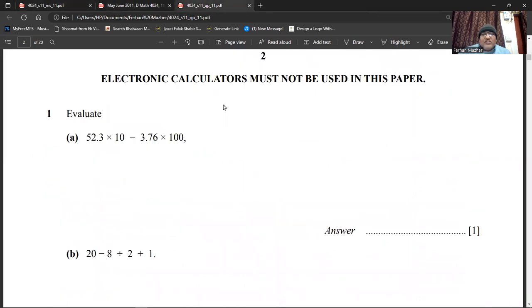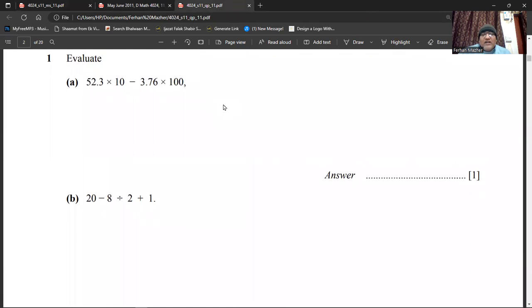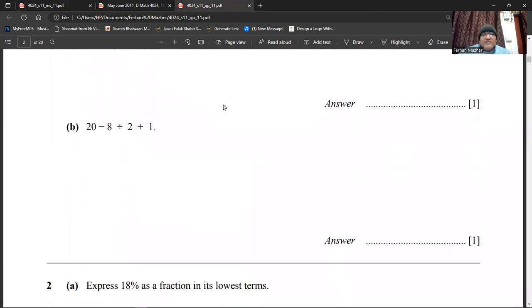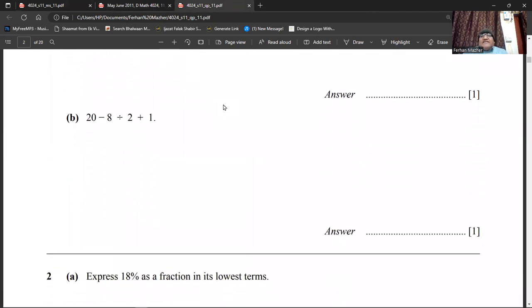So next question coming up on your screen, question number 1, it's B part. 20 minus 8 divide 2 plus 1. We have to evaluate it. The one important thing about this is that first of all, the operation of the divide will be done.